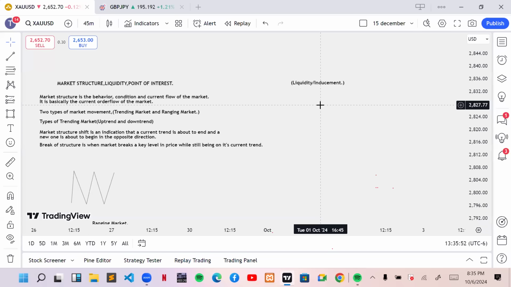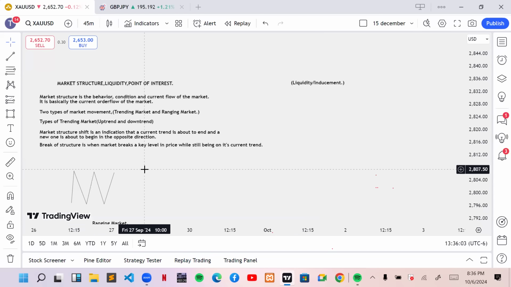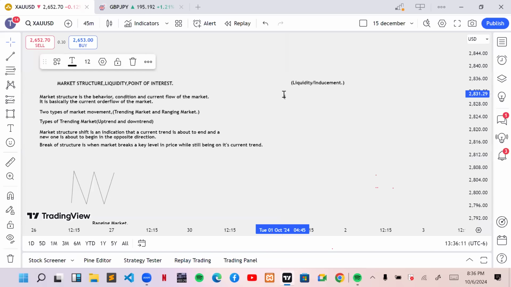It is my inducement. An inducement is the first valid pullback that price makes after a break of structure or a market structure shift. So after you've gotten a break of structure or a market structure shift, the first valid pullback that market makes. So liquidity slash inducement.